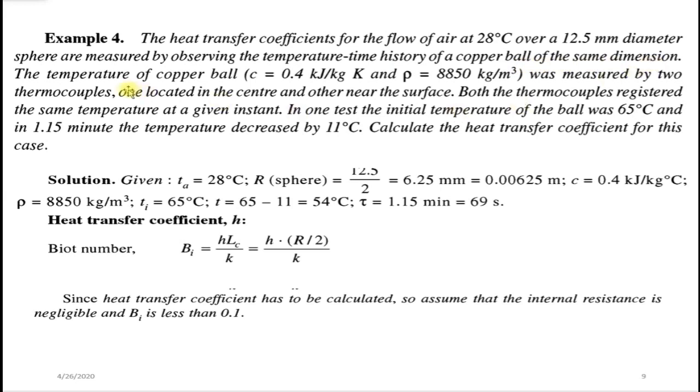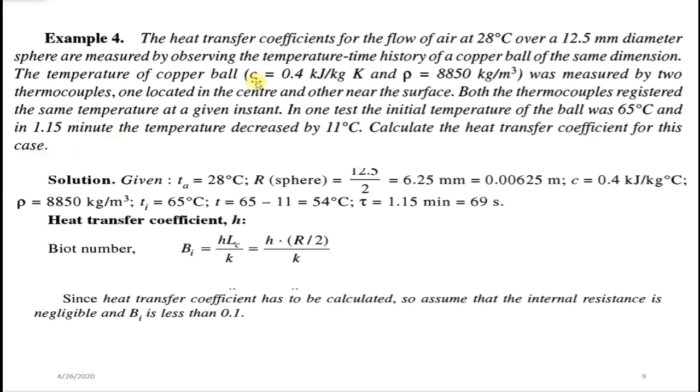The temperature of the copper ball was measured by two thermocouples, one located in the center and the other near the surface. Both thermocouples registered the same temperature at a given instant. In one test, the initial temperature of the ball was 65 degrees Celsius, and in 1.15 minutes, the temperature decreased by 11 degrees Celsius. Calculate the heat transfer coefficient for this case.